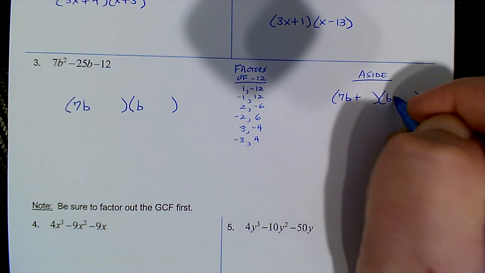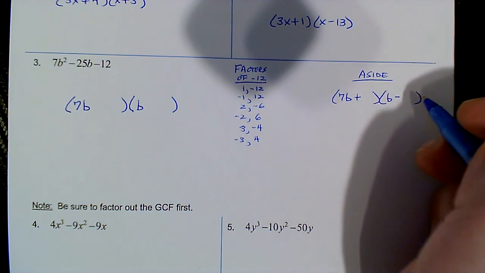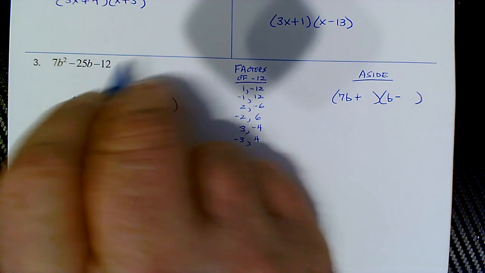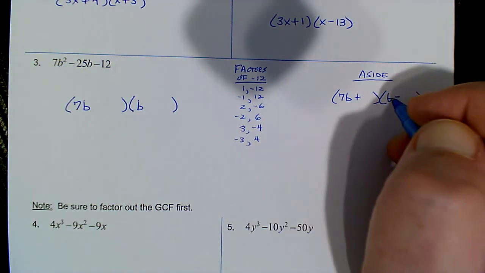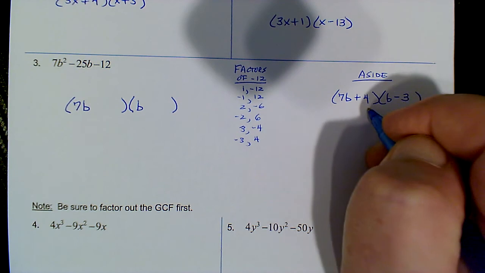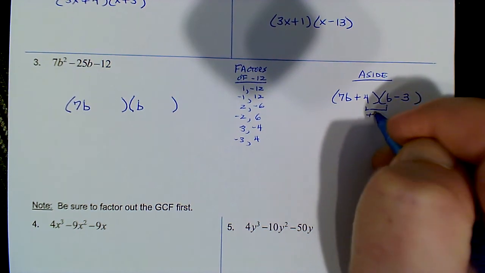So let me guess positive and negative. I don't know. But I do know that this final product has to be 12. So I'm going to go with a 4 and a 3 and see if I get lucky.